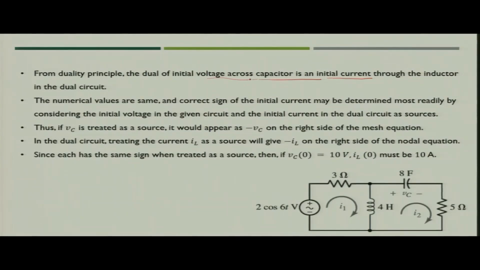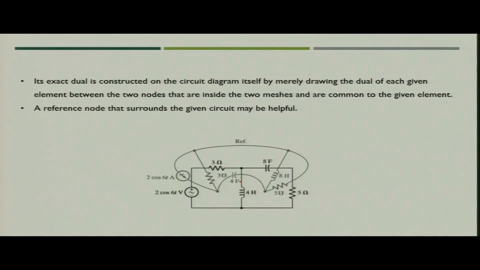Now, the voltage across the capacitor is the initial current through the inductor in the dual circuit. What would be the value? Here the value is minus Vc, because it is opposite to the direction of current. So, the current would be minus IL, or alternatively you can say a current of 10 ampere coming out of the non-reference node. The direction of the current would be this, because the voltage across the capacitor is opposing the flow of the mesh current.